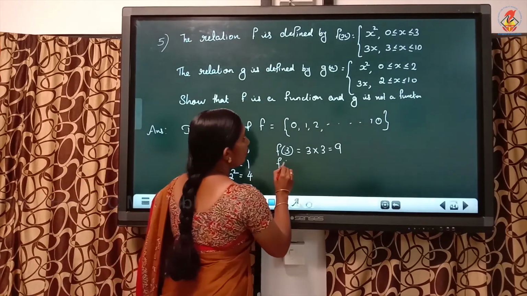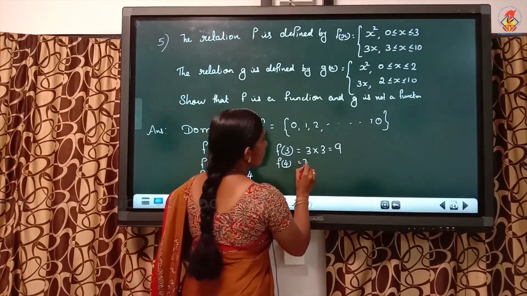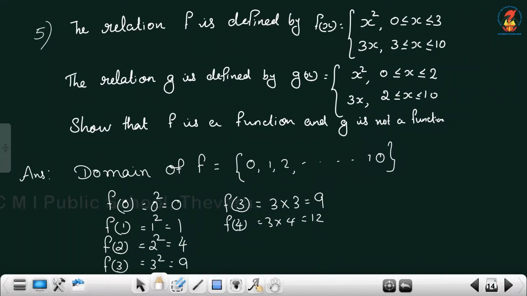Now what is f of 4? F of 4 is 3 into 4, that is equal to 12. F of 5, 3 into 5, that is 15. Like that, f of 6, f of 7, f of 8, f of 9, f of 10. F of 10 is 3 into 10, that is equal to 30.